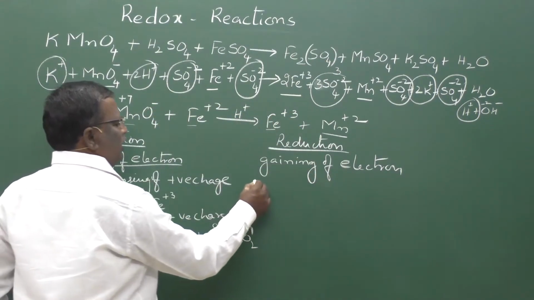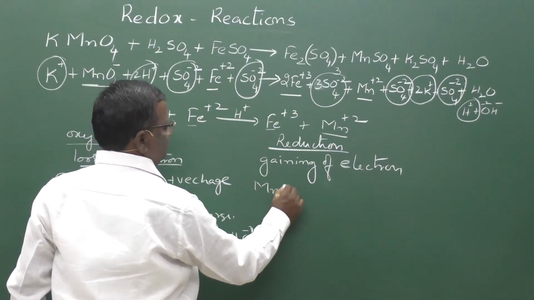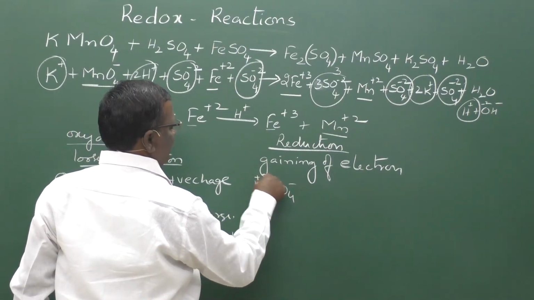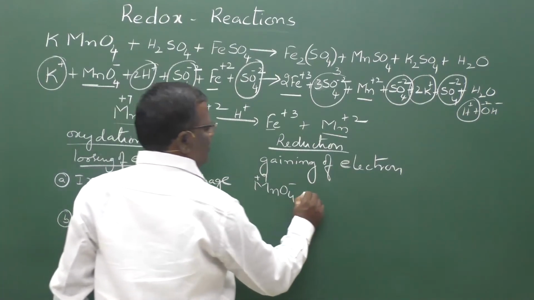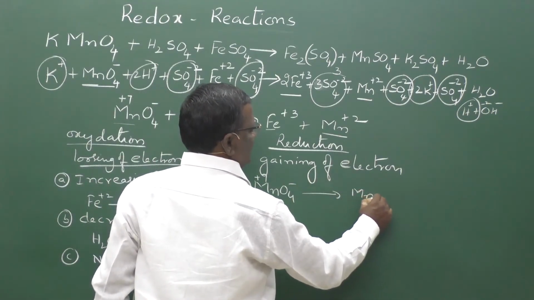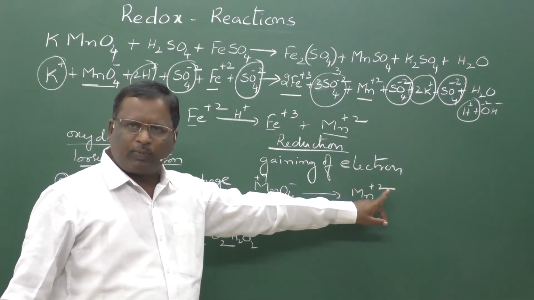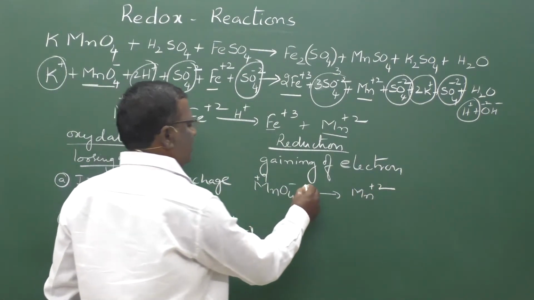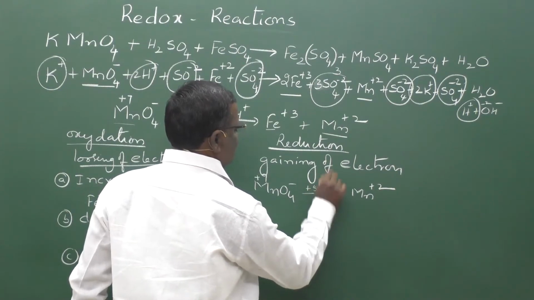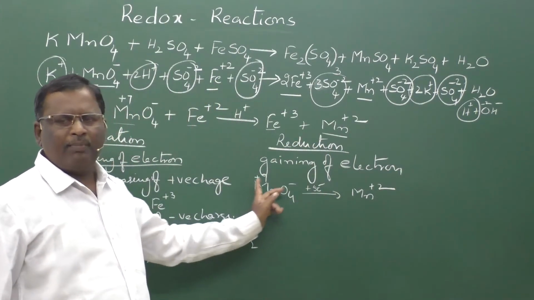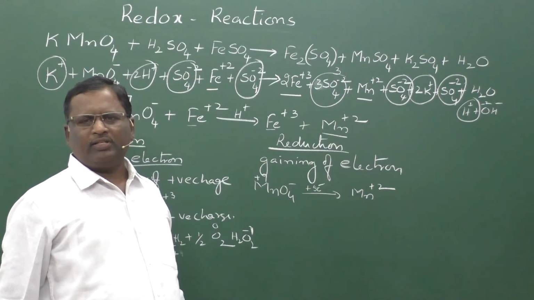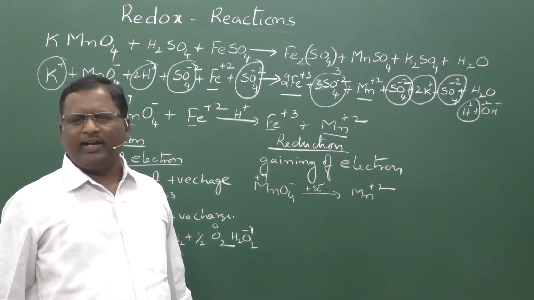For example, in MnO4 minus, the oxidation state of Mn is +7. On the product side it is converted to Mn plus 2. This +7 state is converted to +2 state only when it accepts 5 electrons. Then only Mn will be converted to Mn plus 2. This is said to be reduction.